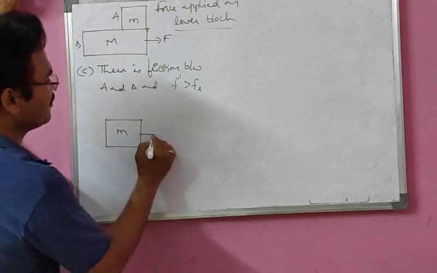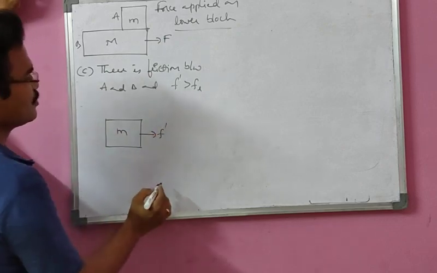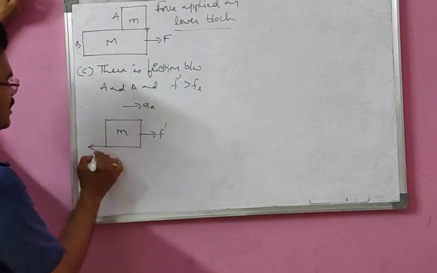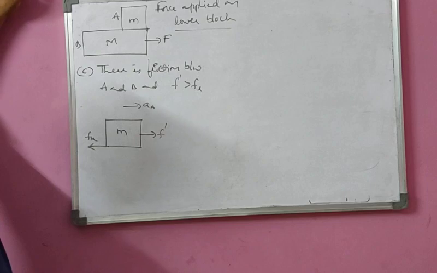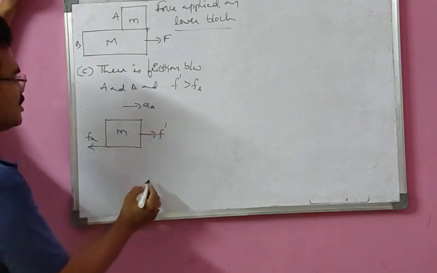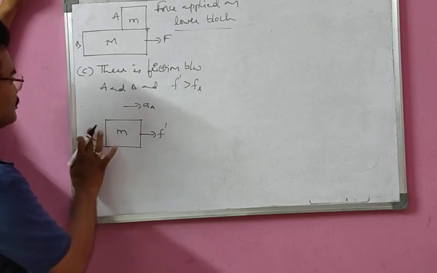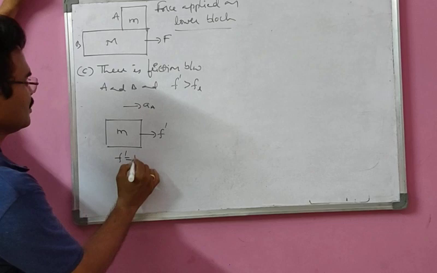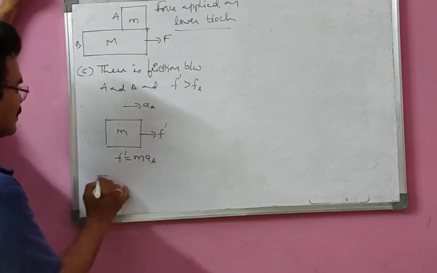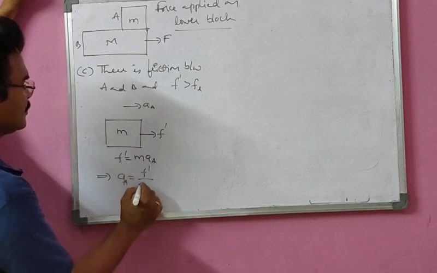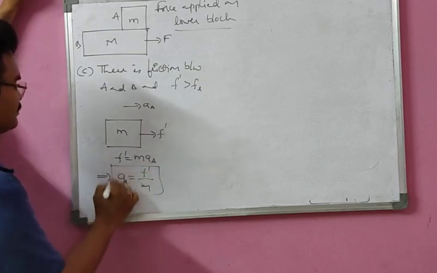This is pulled by the pseudo force F dash, and it is moving with acceleration A. This is Fk. So F dash equal to M AA, and AA equal to F dash by M.